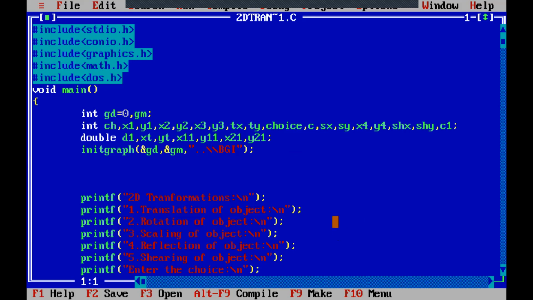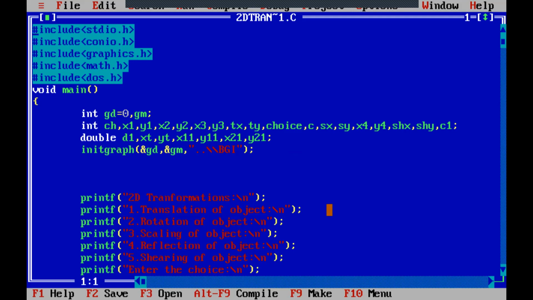So here the coordinates are not going to change, only the sign is changing. If the reflection along the x-axis is taken, then y becomes negative. If reflection along the y-axis is there, then x becomes negative.